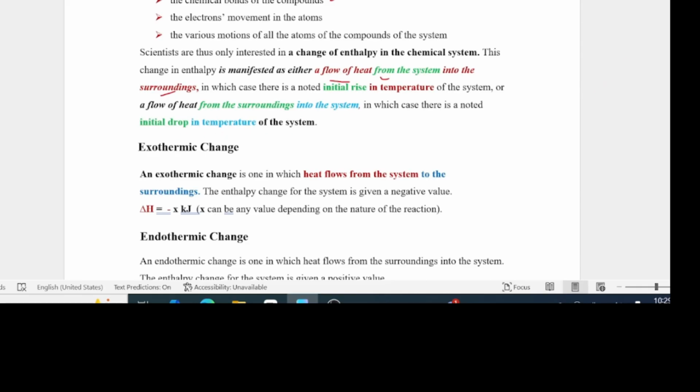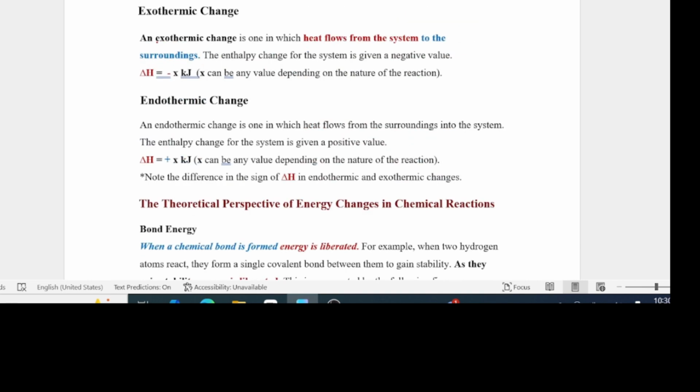Now we'll talk a little bit about exothermic change. An exothermic change is one in which heat flows from the system into the surroundings, and the enthalpy change is given a negative value. So whenever there is an exothermic change taking place, you're going to see a delta H sign here, and it will be followed by some value.